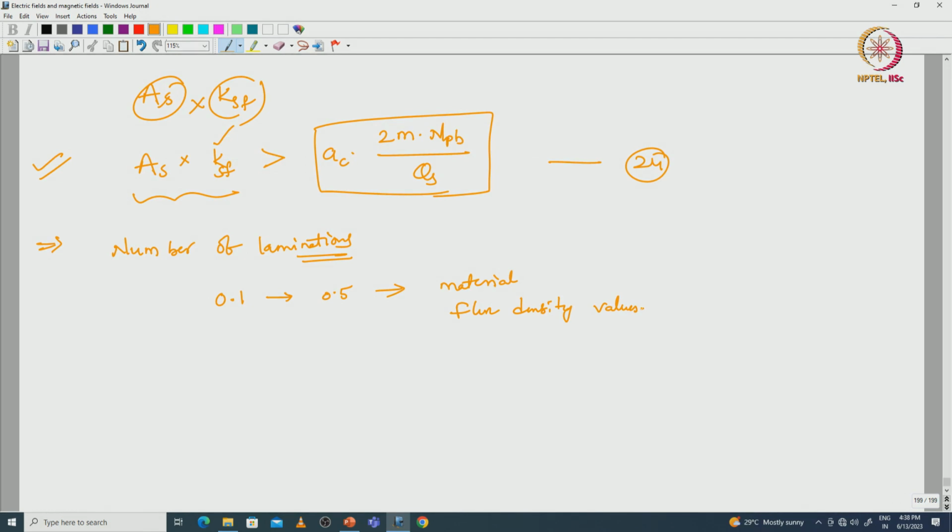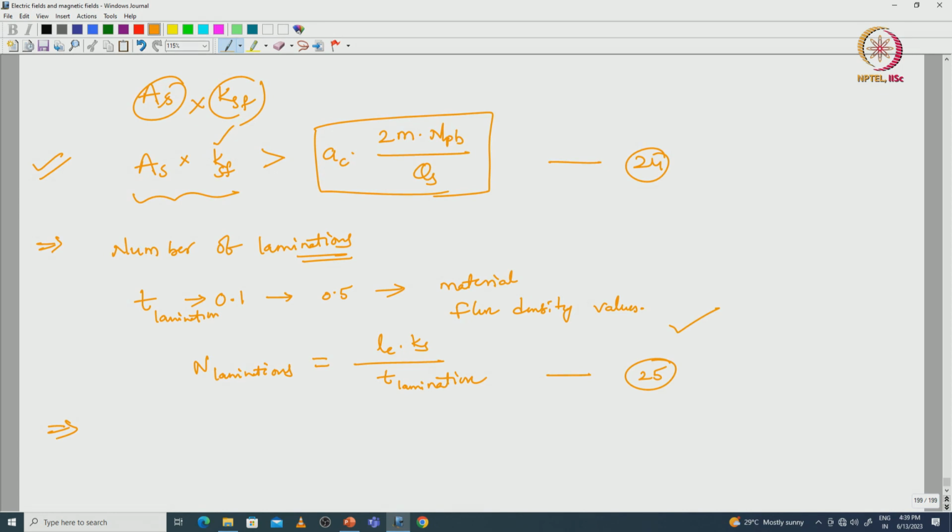The number of laminations is the total length of the core with respect to the stacking factor divided by the thickness of each lamination. This will give the total number of laminations. This is equation number 25.